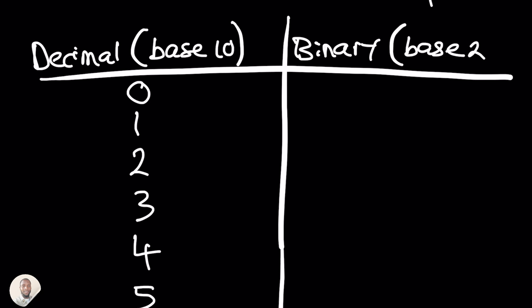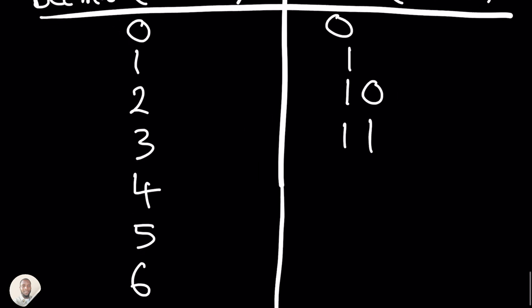For binary, remember we are working with base 2. So we have 0. The next number will be what? 1. The next number is supposed to be 2, but we don't write 2. It becomes 10. Right? If you add 1 to 10, you have what? 11. If you add 1 to 11, you have what?